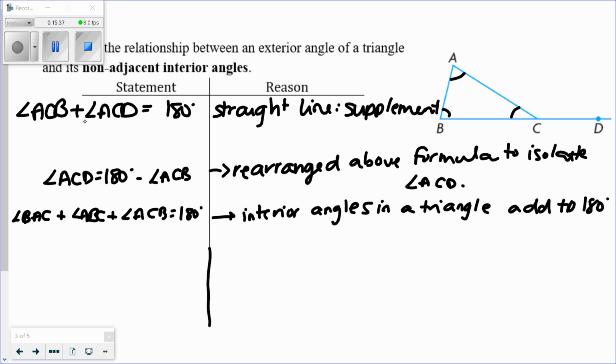Again, I'm going to take a step of rearranging: I am going to subtract angle ACB from both sides of the equation.